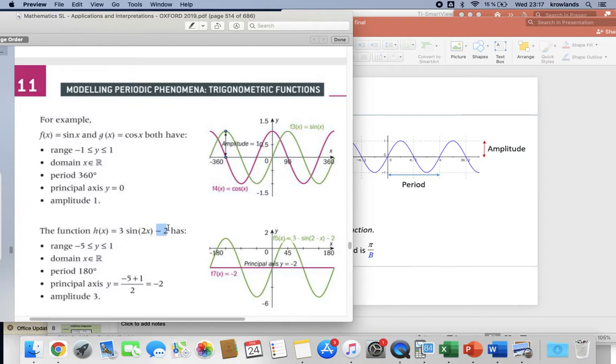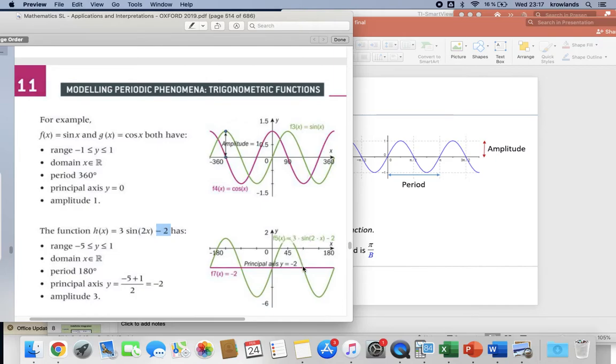The -2 represents the vertical shift, which means the whole graph becomes or starts at -2. We call this principal axis because the amplitude is 3. It will start at -2. It will get 3 bigger than this for its maximum, reaching a 1 for the y-axis.